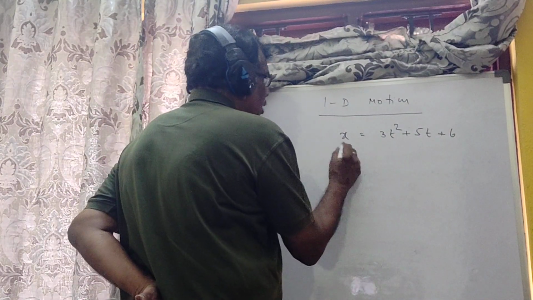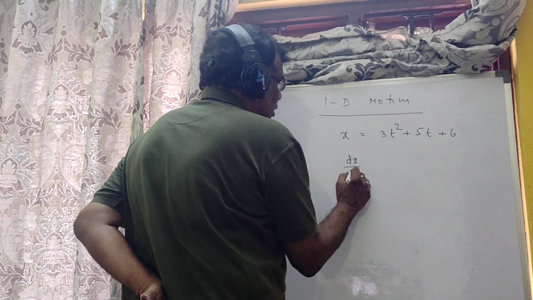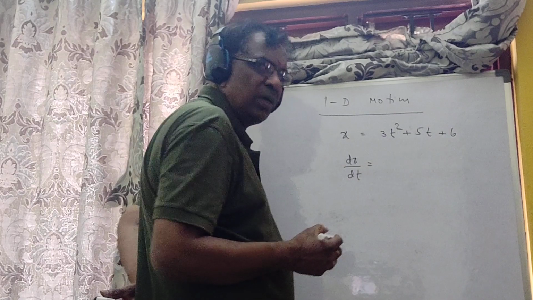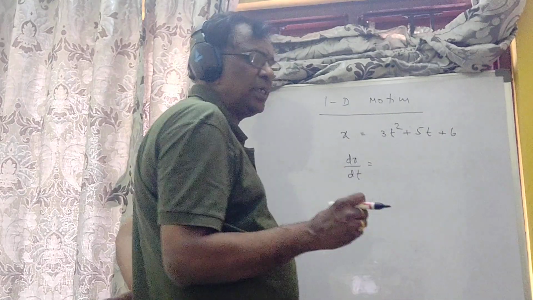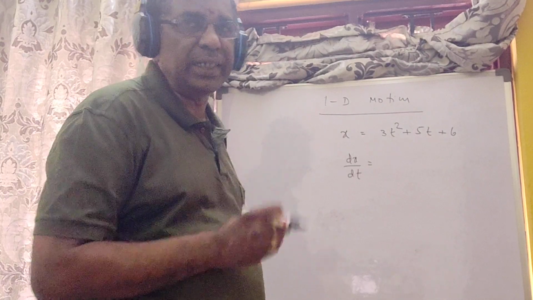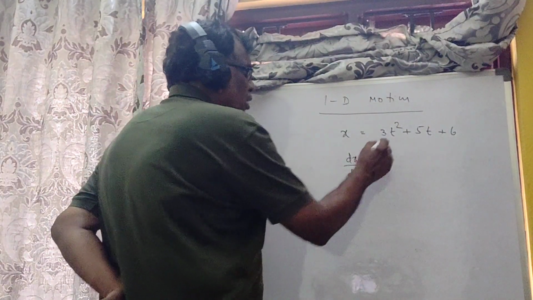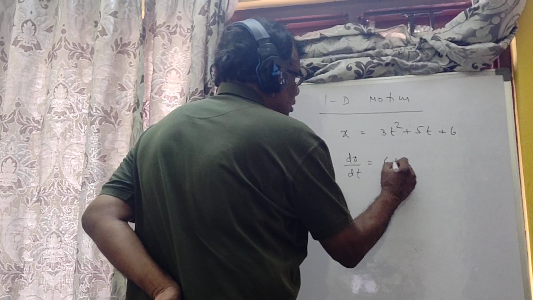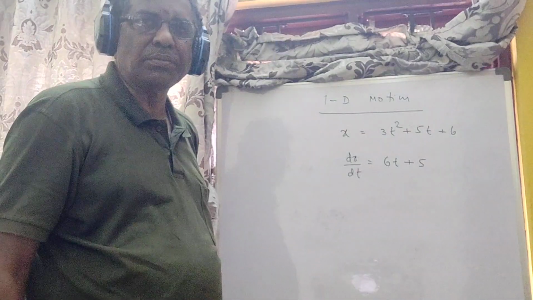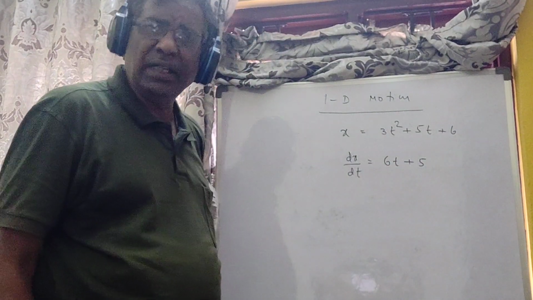Now, if I want to get velocity here, I will directly get dx by dt. How to get the derivative I already told you, and you are expected to be thorough with these simple derivatives and simple integrations. These things were already explained to you before. Therefore, if I write this, it becomes 6t plus 5. I still call it 1D motion only.